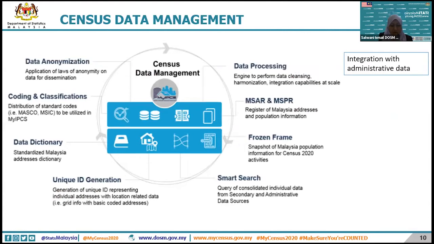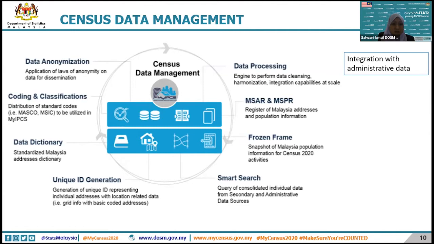In census management, data anonymization is applied. The coding and classification are being utilized during this census data management process, where a data dictionary for standardized addresses in Malaysia is also being applied.